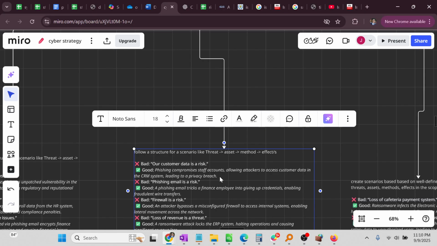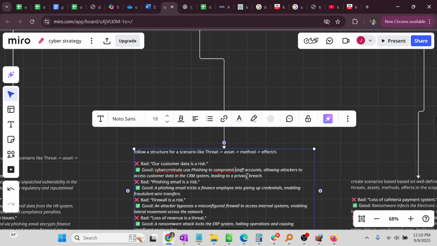It's more clear now. You can see that you have details here: phishing compromised staff accounts. You have phishing, so that's a threat, and it's also a method. We don't have a threat actor, but you can also say that cyber criminals use phishing to compromise staff accounts.